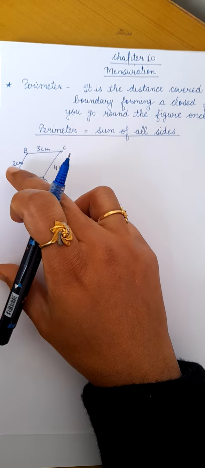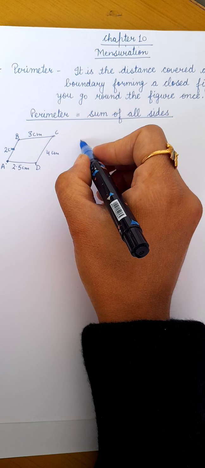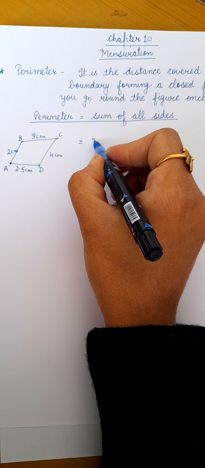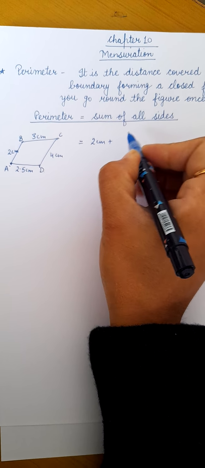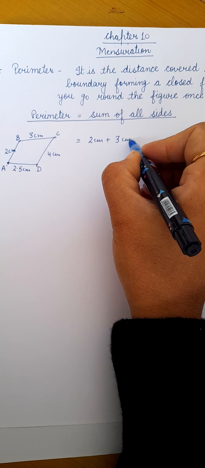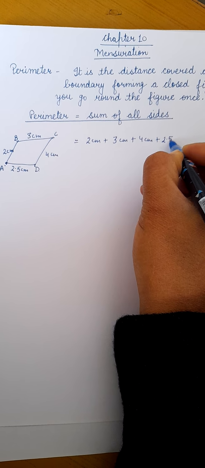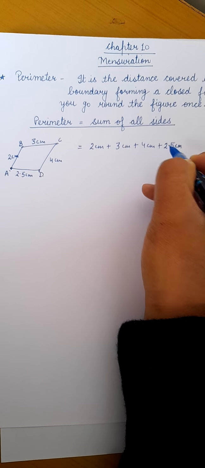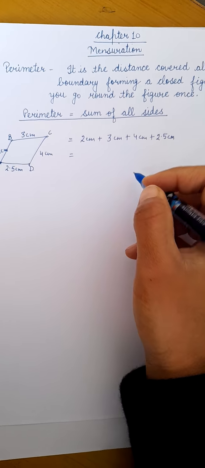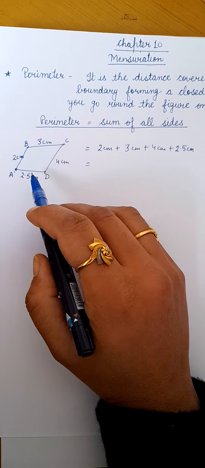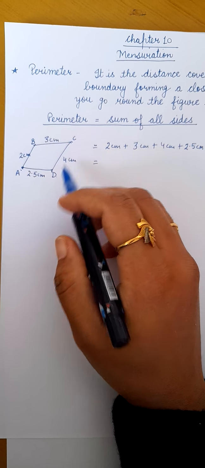Sum of all the sides. Let's find out the sum. From anywhere you can start: 2, 3 centimeter, 4 centimeter and 2.5 centimeter. After adding, whatever you get will give you the perimeter of this quadrilateral ABCD.